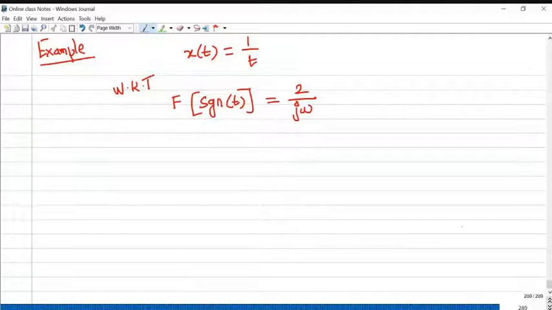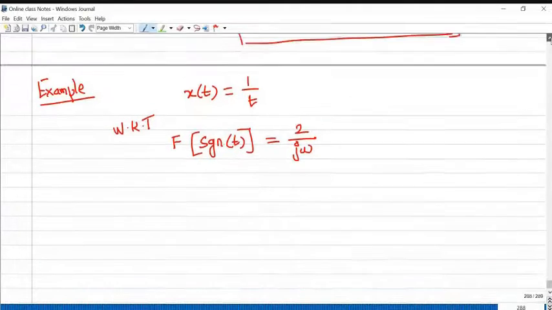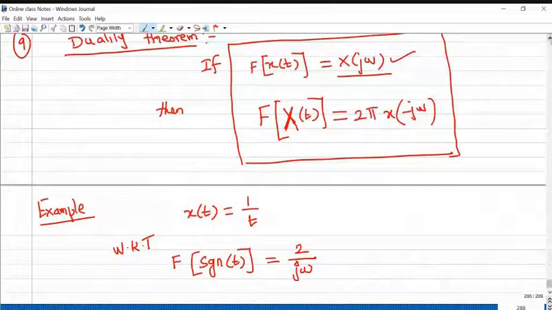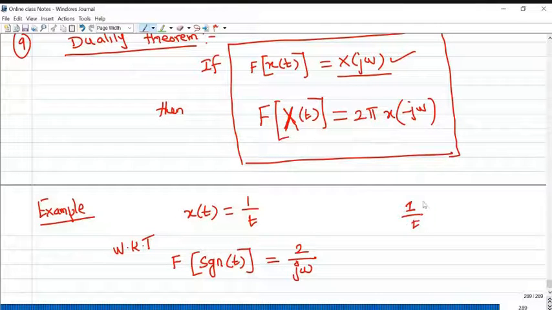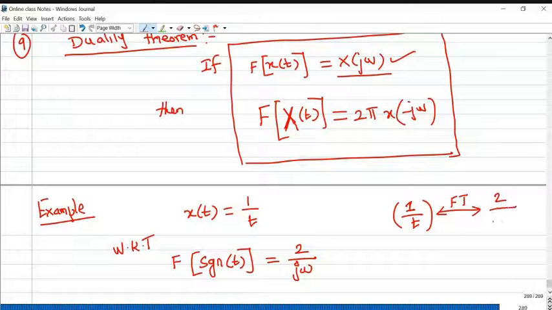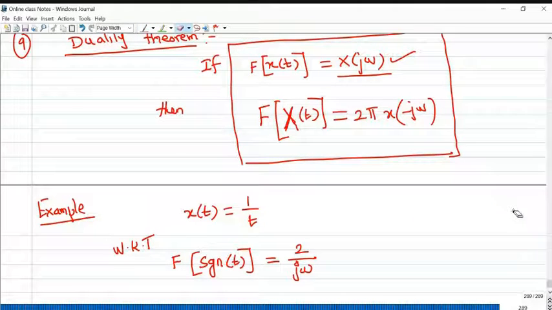Now apply the duality principle. x of t is 1 by t. Sorry, x of t is the signum function.